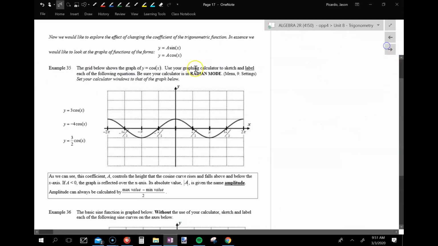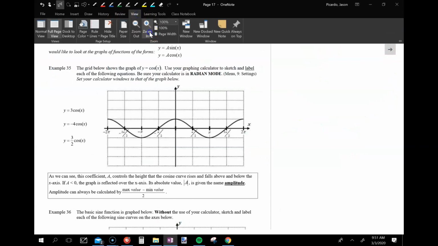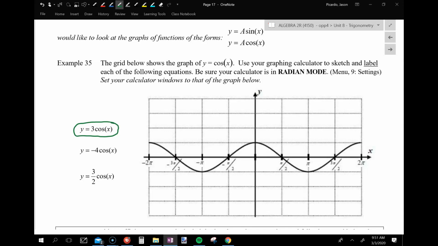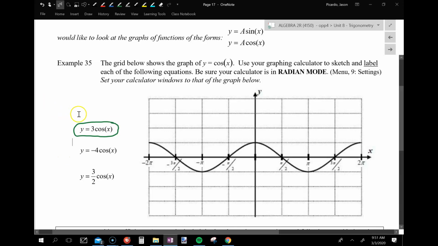What we're going to do is this. You have a company that is broadcasting on a cosine of x curve, okay? They're not getting enough listenership, so they want to boost the signal 3 times.